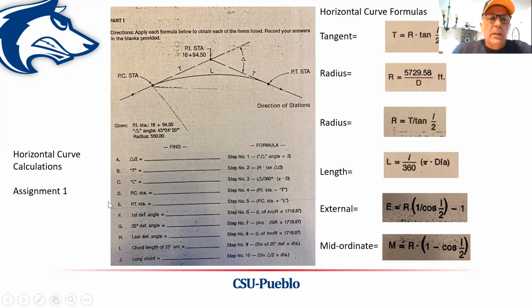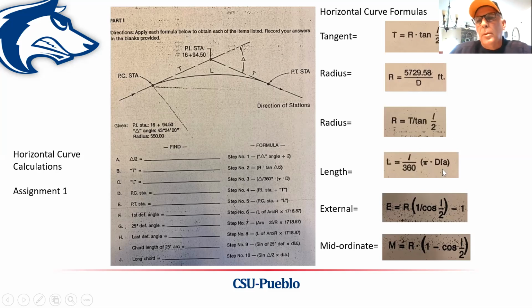Also, this handout I've given you has the formulas that are probably required to do each of these computations over here on the side. So this is almost a plug and play sort of assignment, but I'm going to walk through it with you today. Over here off to the right-hand side are some commonly used equations that you will find in the industry.